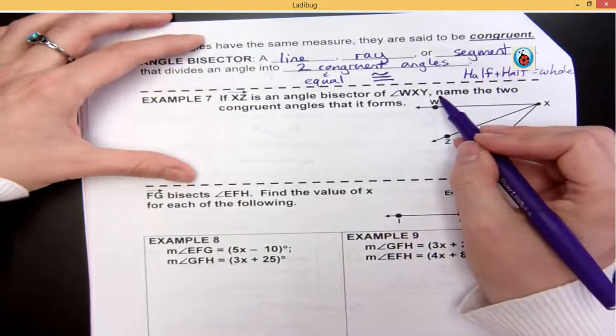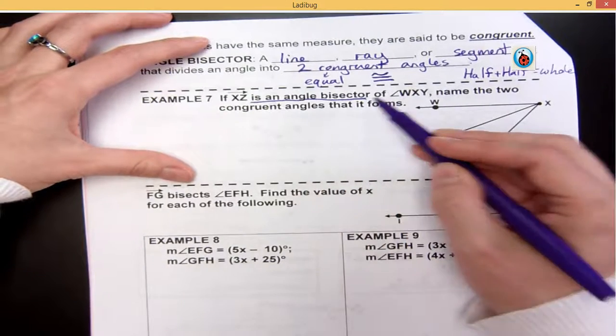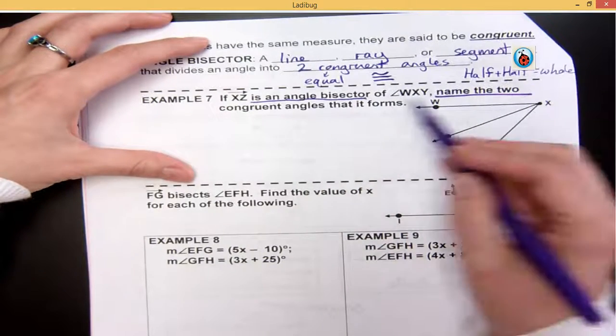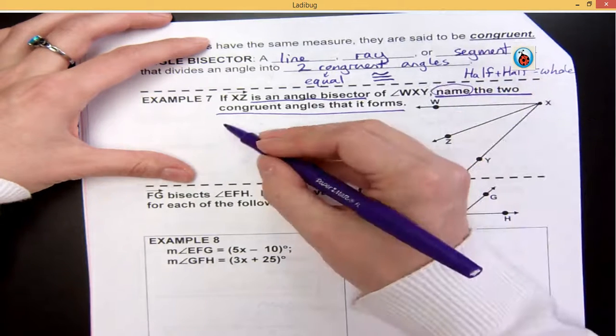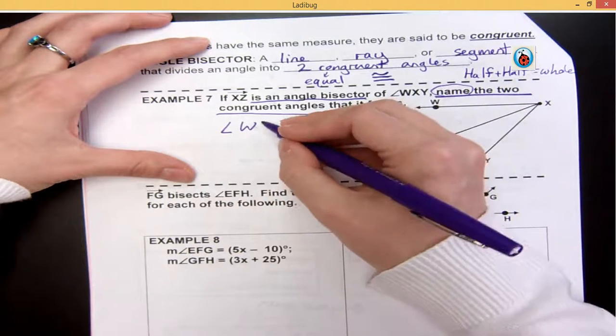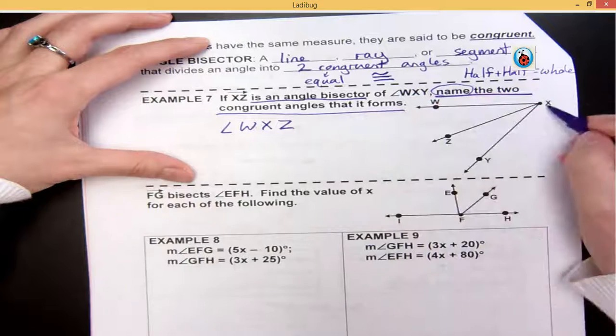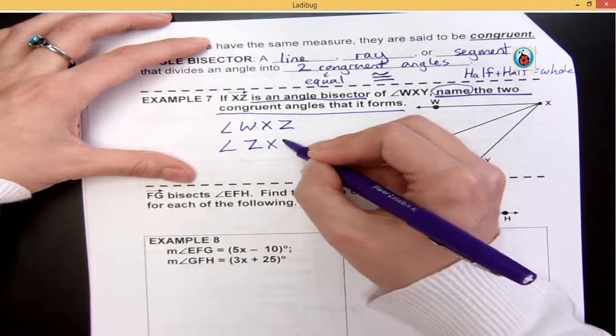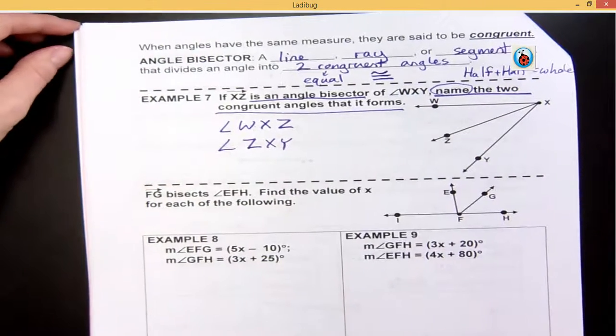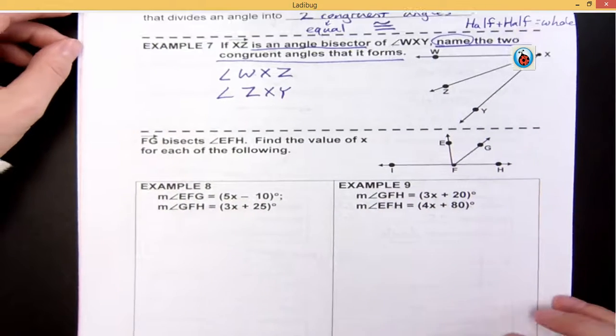Okay, so here we're asked to name the two congruent angles, since it is an angle bisector. So that would be angle WXZ, that's one half, and then angle ZXY. Now we throw the numbers in there.